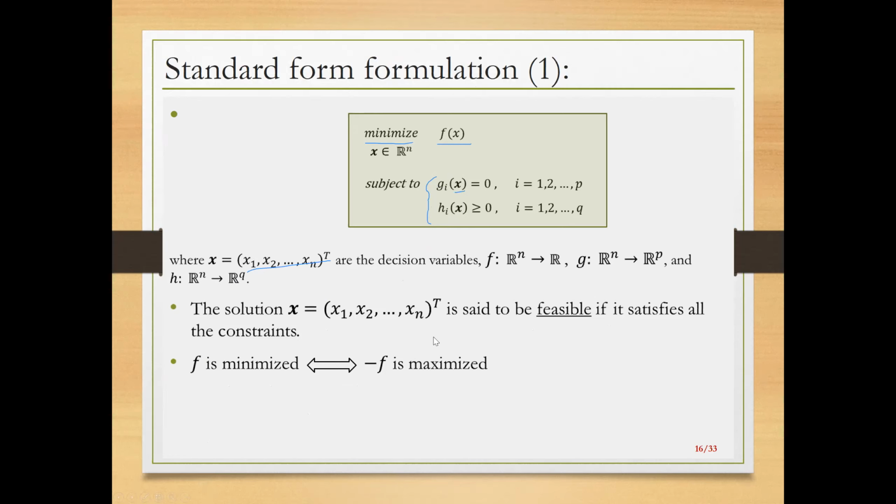The solution, that means the x that we find, can be either a binary solution or any real or integer solution. Any x value that satisfies all these constraints is called a feasible solution. Keep that in mind. I'll show you an example and tell you exactly what our optimal solution is and the difference between an optimal solution and a feasible solution.